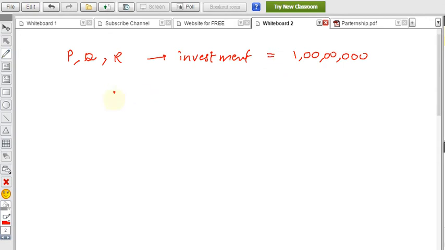We have to divide this 1 crore among P, Q, R, but according to the condition, both are related to R. So P is 30 lakhs and Q is 10 lakhs more than R. That means I'm taking P is 50, Q is 30, R is 20, because if you add the three, you should get the same total.